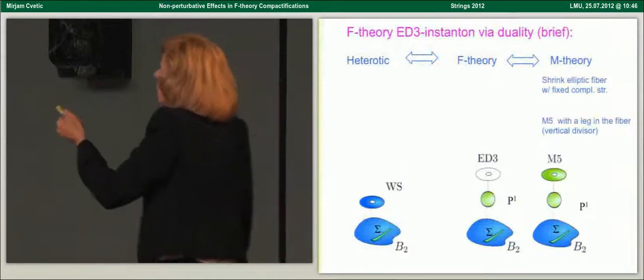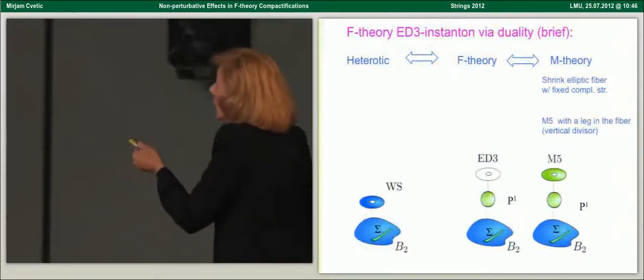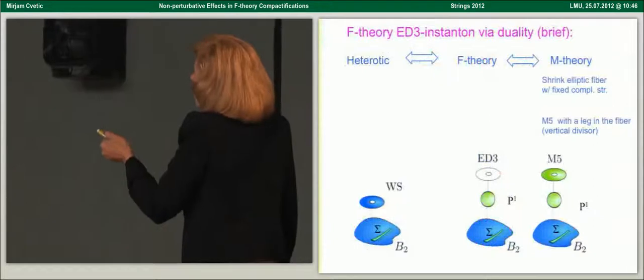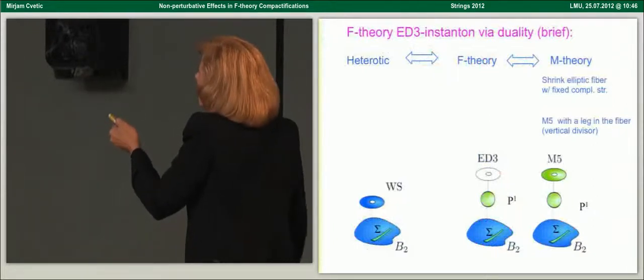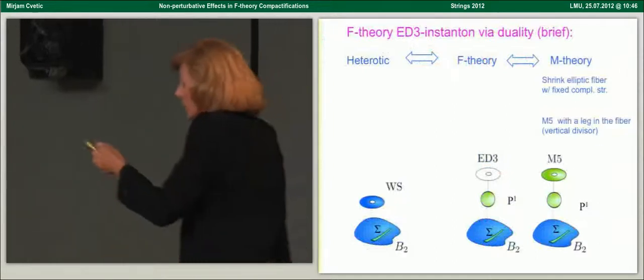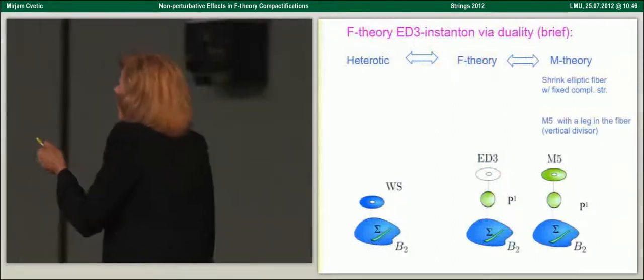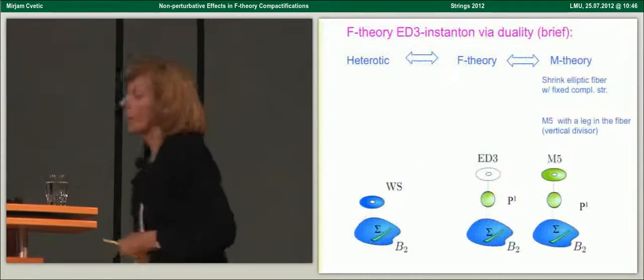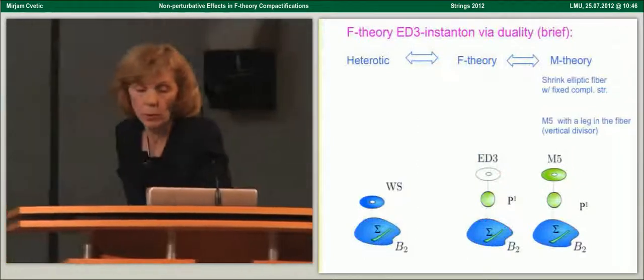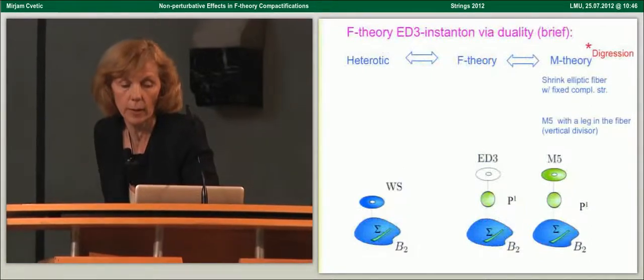But the geometry of the M-theory corresponds to shrinking the elliptic torus to zero size while still keeping the complex structure fixed, and so the corresponding Euclidean M5 instanton has a leg in the fiber and is also referred to as wrapping a vertical divisor.